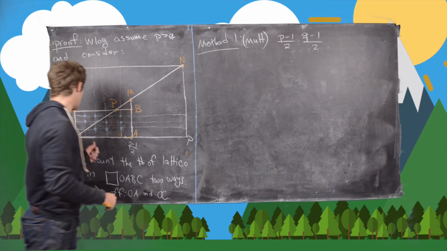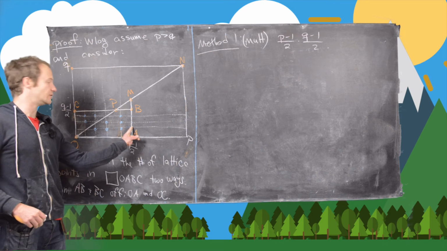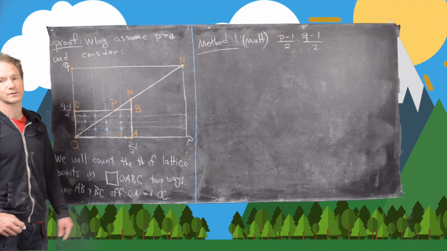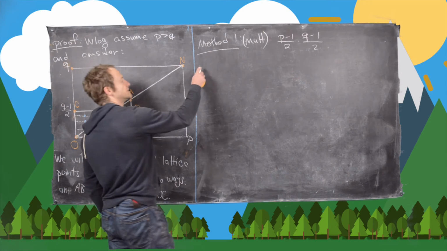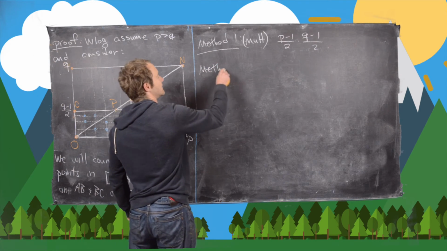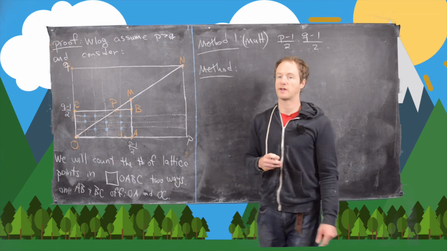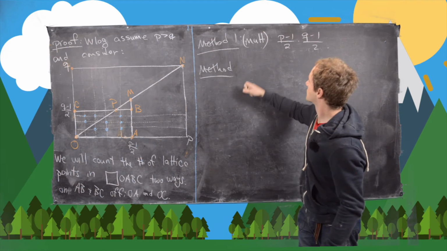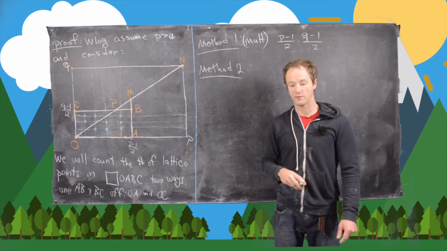Because here we have 1, 2, 3, up to (p minus 1)/2 lattice points on this segment, and then we have in total (q minus 1)/2 segments. Okay, good. So method number 2 is obviously going to be a little bit more intricate, but we'll create an equation that will involve this first method and allow us to prove our result.